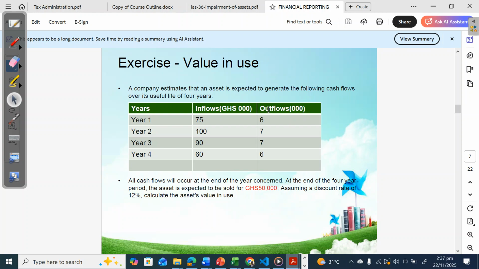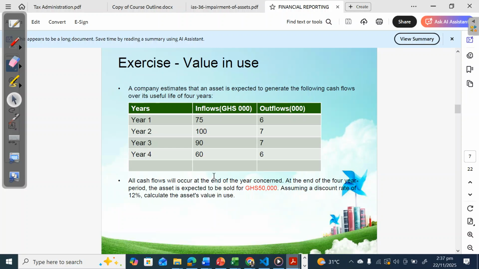While the asset is bringing in cash inflows, you also spend in the form of repairs and maintenance, so there will be cash outflows. So we are interested in the net cash flow, the inflow minus the outflow. So year one, inflow 75,000, outflow 6,000. Year two, year three. Okay, let's continue with the question.